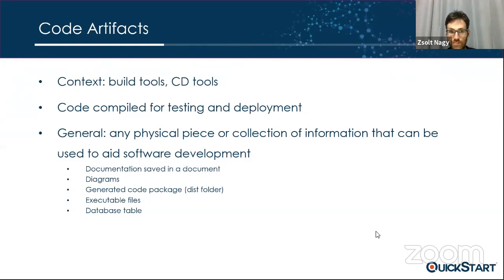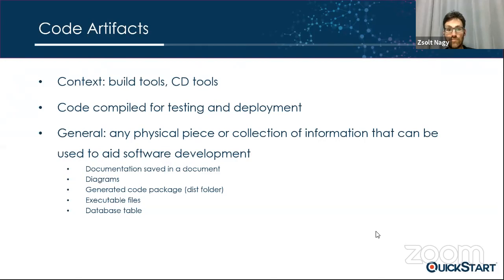I mean, artifact as a word can mean a lot of things. For example, if you are used to software design like UML, in that case, any of these UML diagrams or even documentation can be viewed as an artifact. Anything associated with software development.